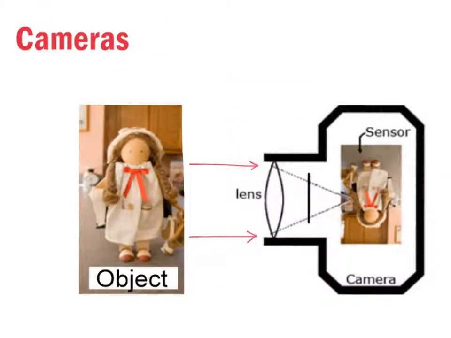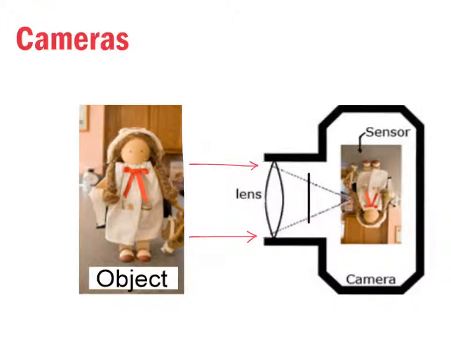So how do cameras work? Well, you can see from these little pink arrows, light follows a path entering into the camera from an object. The light rays are almost parallel to each other, and when you take a picture with a camera, this is supposed to represent the shutter.